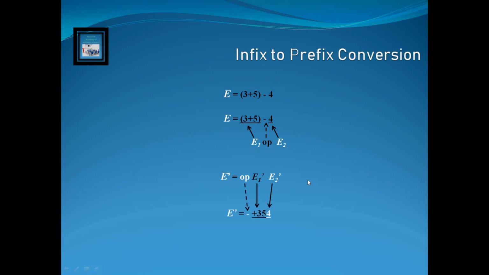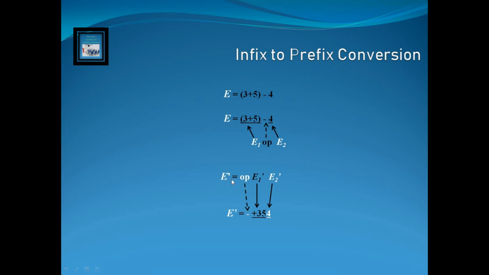So for 3 plus 5 within parentheses, its prefix form is plus 3 5. And similarly, for the e2 sub expression, which is just 4, the prefix form is also 4.